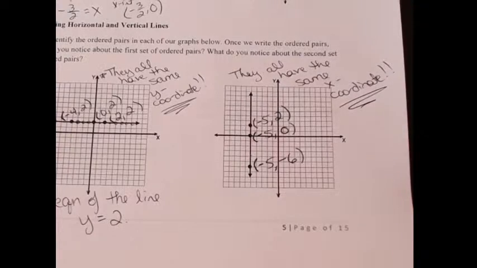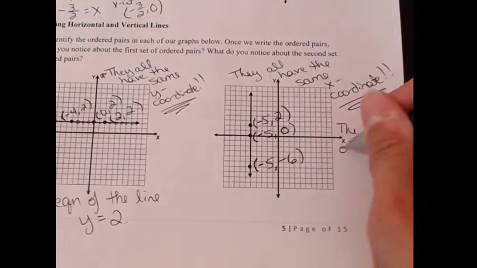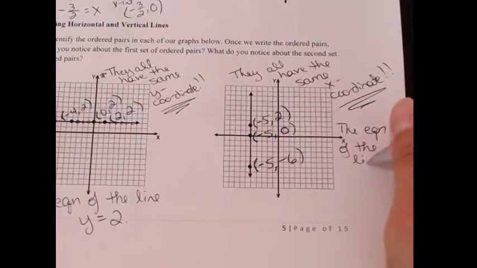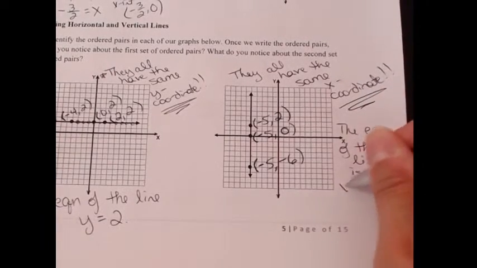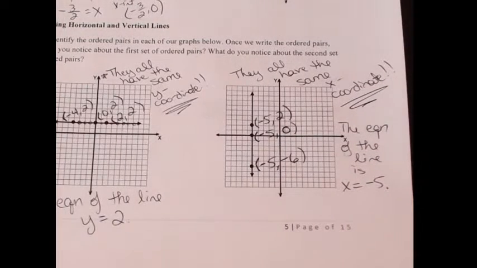So what that means, everyone, is the equation of the line is x equals -5. Yes, Ria, they all have the same x coordinate. Because they all have the same x coordinate and they're all on the same line, that means the equation of the line has to be x is equal to -5.